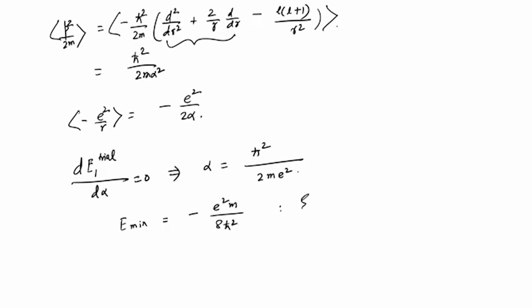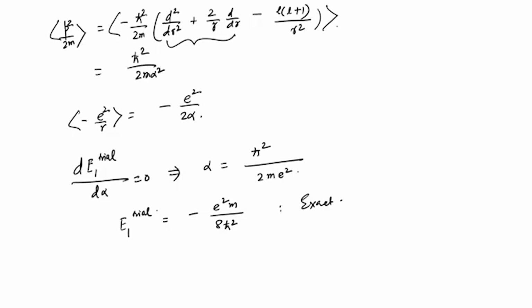And once again this is exact, and the reason it's exact is clear to you because we have taken nearly the same wave function obeying all the symmetries. Okay. So, that is pretty much what one does in these variational calculations.